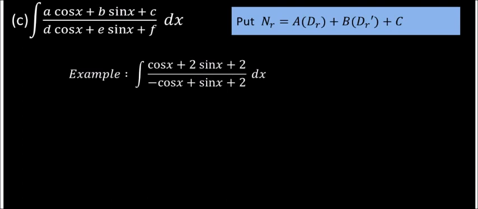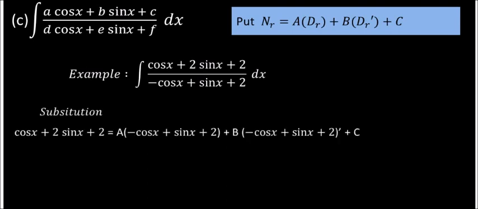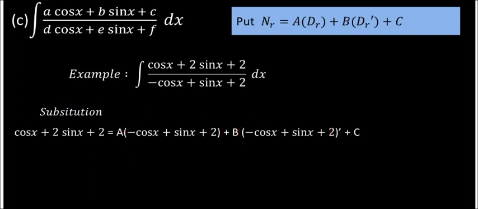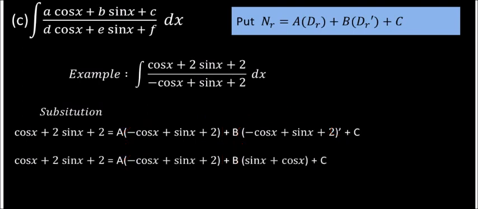So I will express the numerator as a times the denominator, plus b times the denominator dash, that is, I will differentiate this denominator, plus another constant. So what will happen? It will be like this. After differentiating this, minus cos x becomes sin x, and the differential of sin x is cos x.